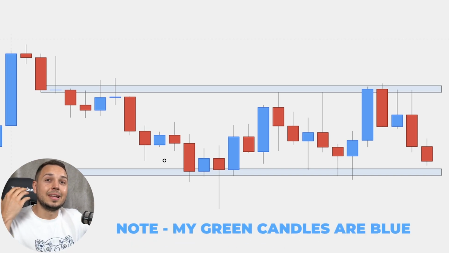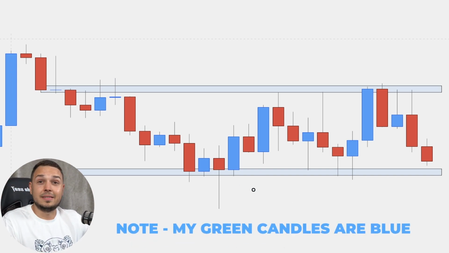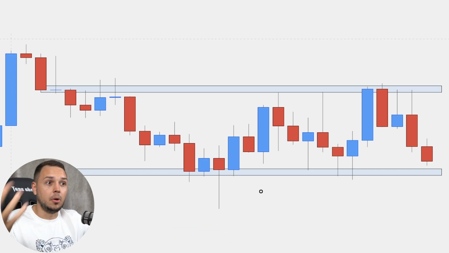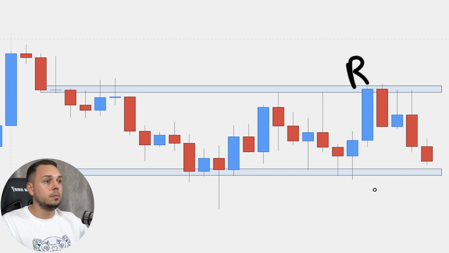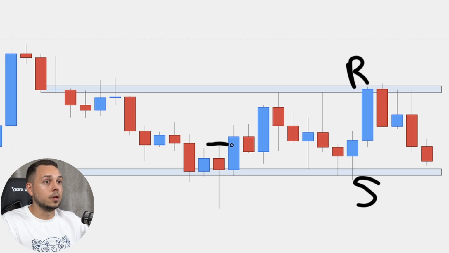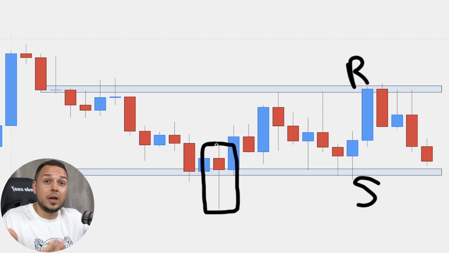So let's take a look at an example from real-time charts and let's see how we can use this information that we just learned in real-time markets. So the lines over here are simple support and resistance lines. Typically they're great for buying and selling, and as we can see, we found our first area of rejection very clear just over here. Can you tell me why it is rejected?